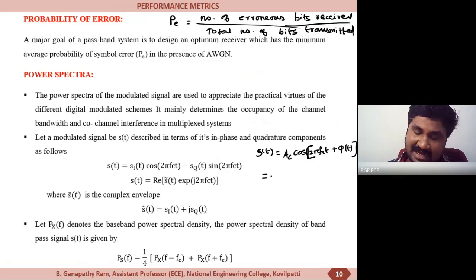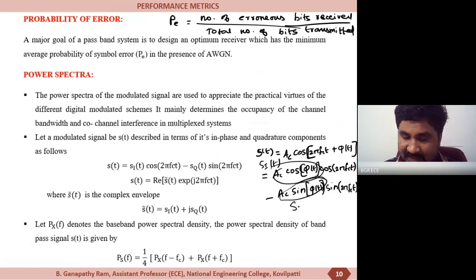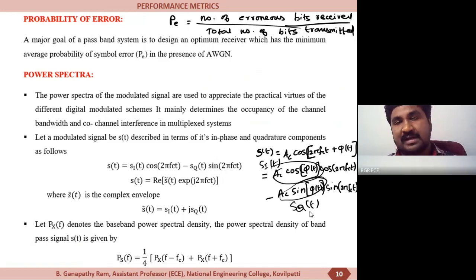This can further be expanded as Ac cos phi of t times cos 2 pi fct minus Ac sin phi of t times sin 2 pi fct. So this is nothing but the in-phase component Si of t, and this is the quadrature component Sq of t. So any modulated signal can be represented like this.